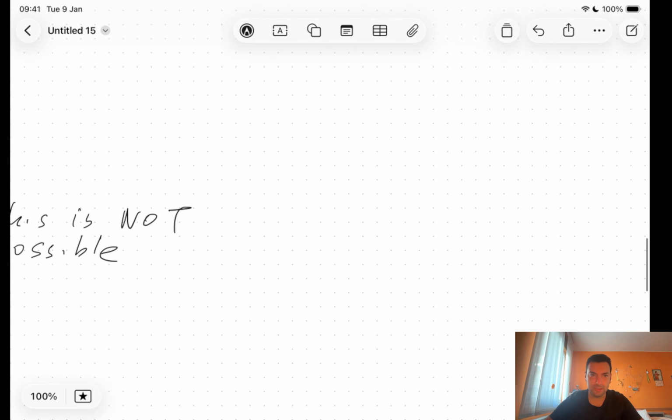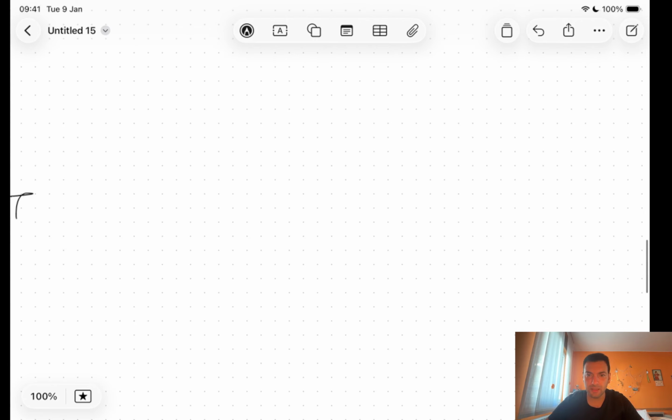To see why that is not possible, we need to understand how garbled circuits actually work. Let's say that we have a XOR gate here. This is a very simple circuit. It takes inputs and gives you one output, and it has a truth table.